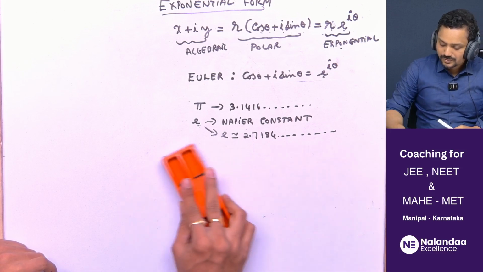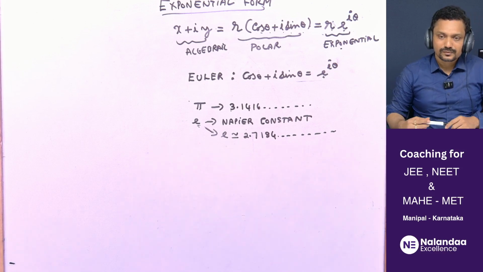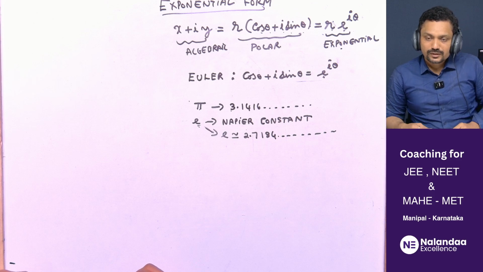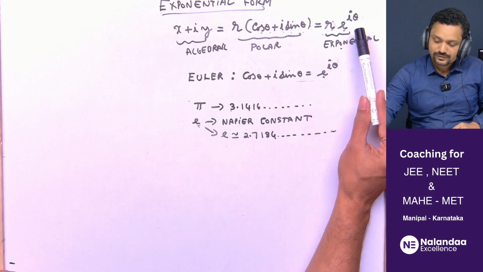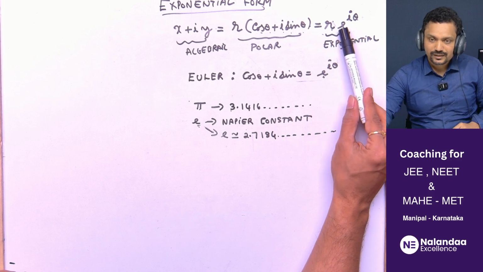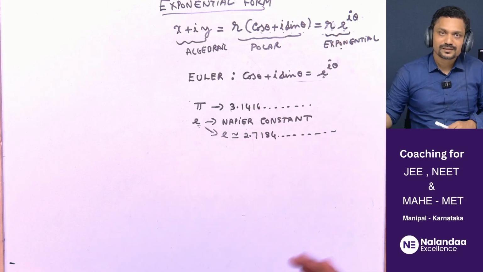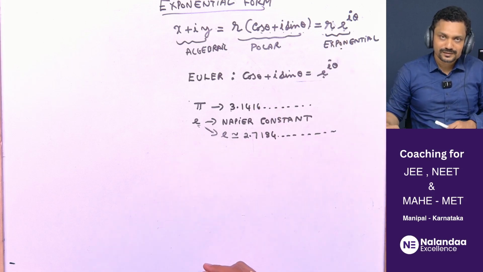Are we substituting the value of e, sir, or just writing it as is? No, we are not substituting the value of e. We are keeping e intact, because we can't substitute, as the value of e is a non-terminating, non-recurring decimal.